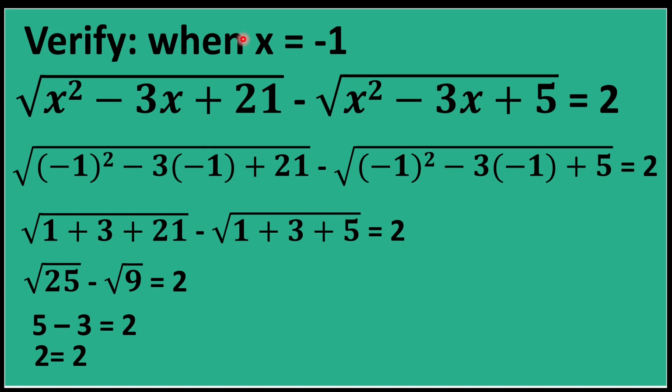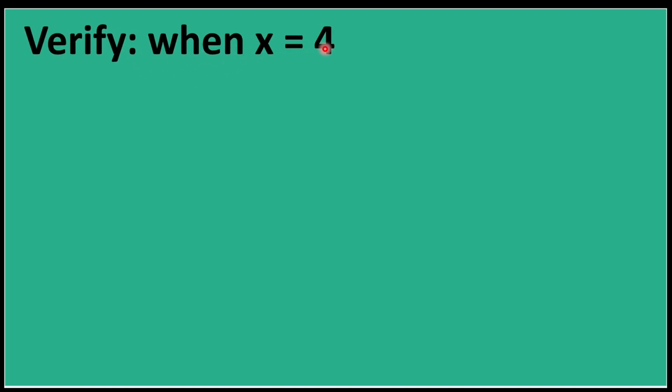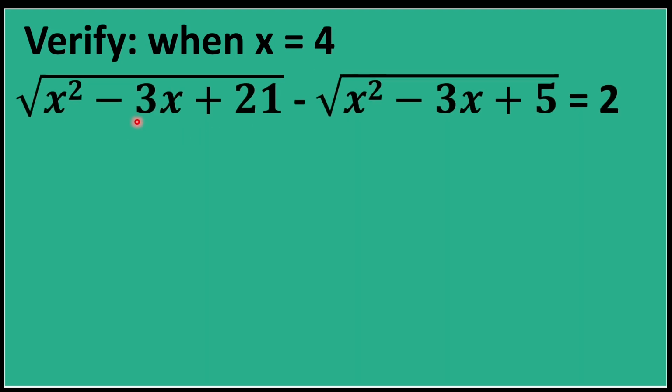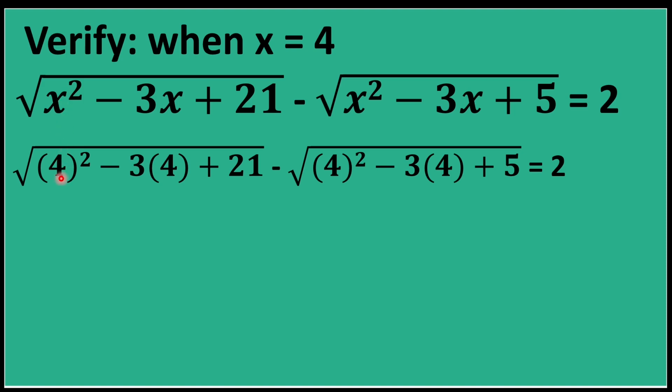And now we will check this for x equal to 4. So when x is equal to 4, we will put 4 in this equation. So after putting x equal to 4, this will become 4 squared minus 3 into 4 plus 21, and here 4 squared minus 3 into 4 plus 5 equal to 2.